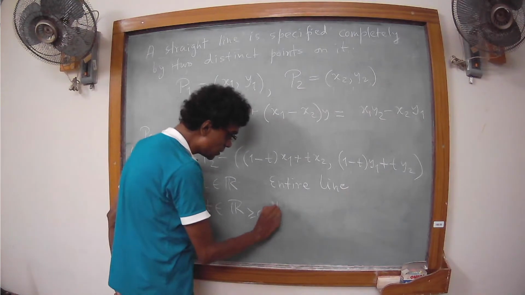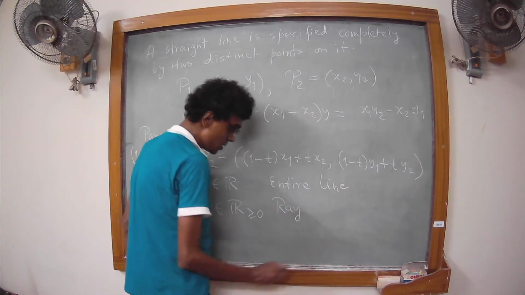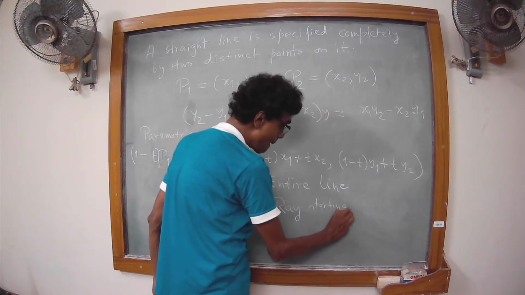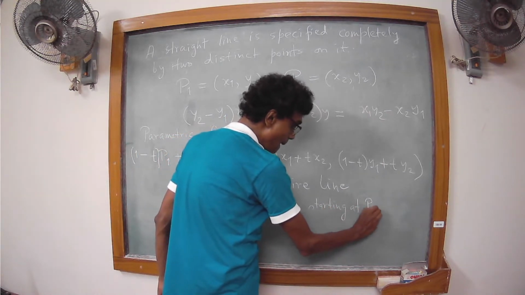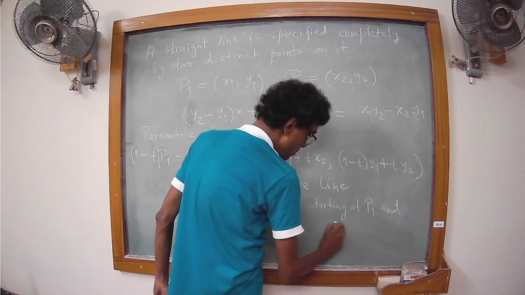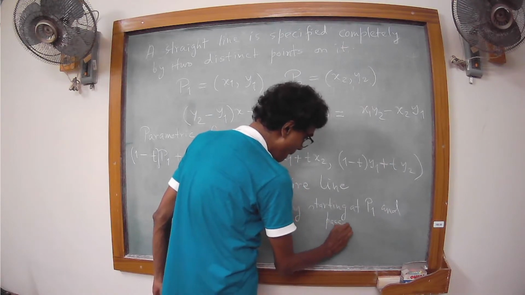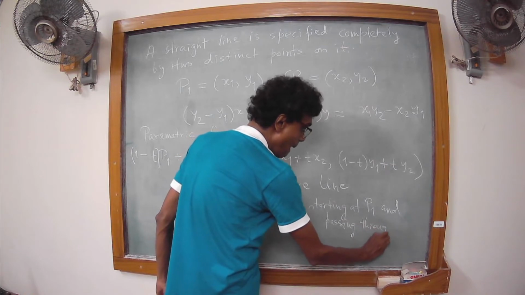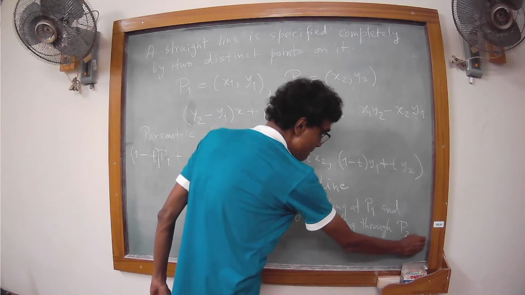This is often called a ray starting at P1 and passing through P2.